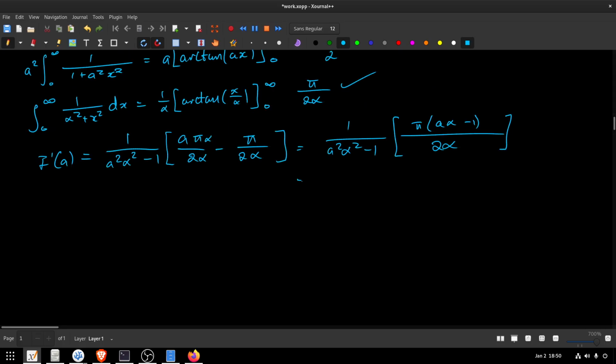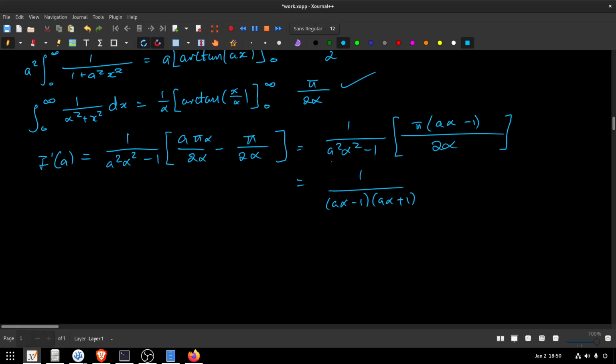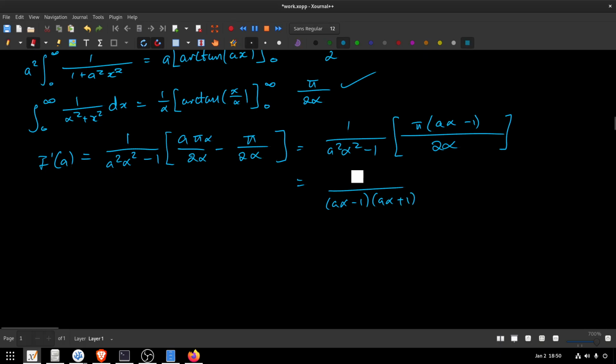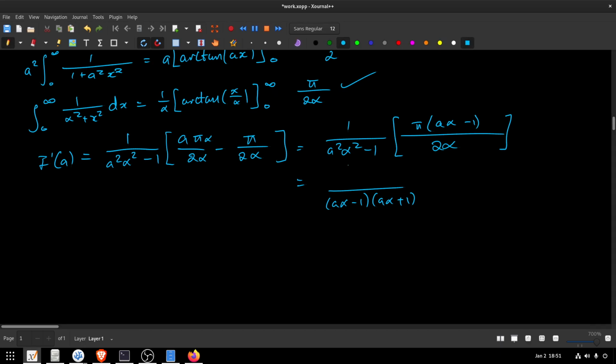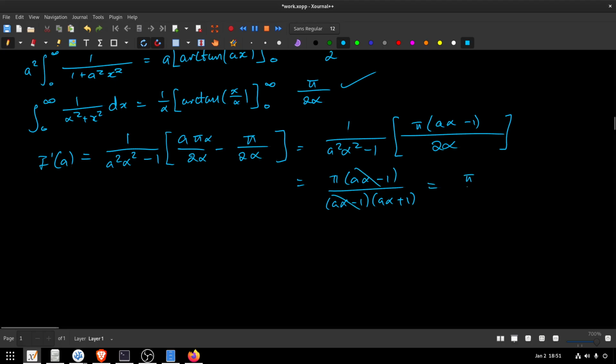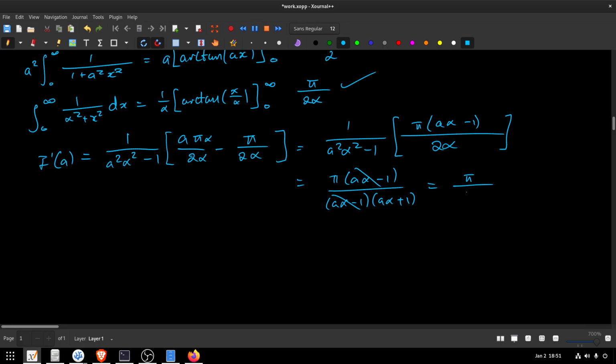And you've probably noticed that this can be expressed as a difference of two squares, which is nice and convenient, because if I combine these into one, pi times (a alpha minus 1), we get some lovely cancellation here, and we just have pi over a alpha plus 1.